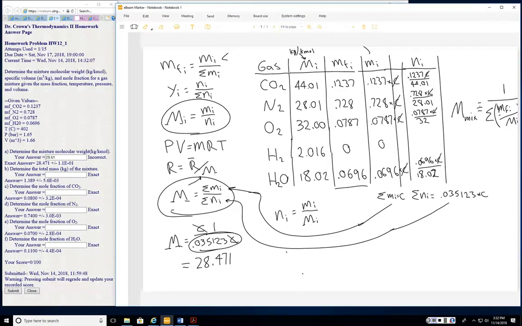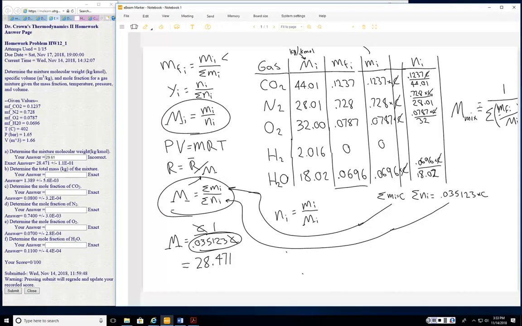All right, and there's some other elements in question 1: the total mass of the mixture, the mole fraction of CO2, the mole fraction of N2, O2, and H2O. So let's address a couple of those.